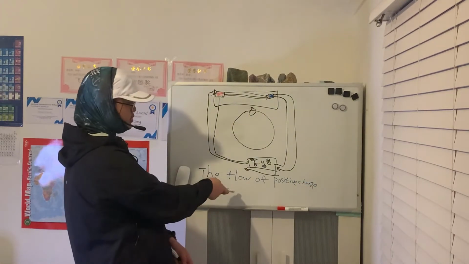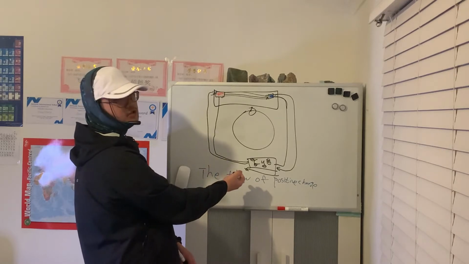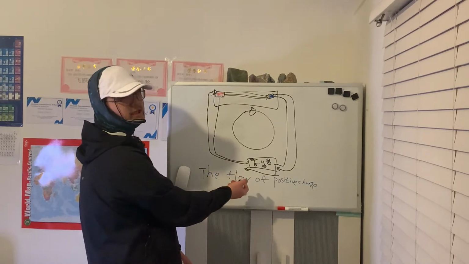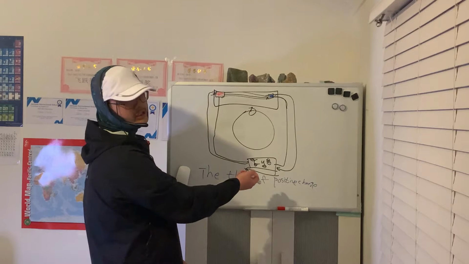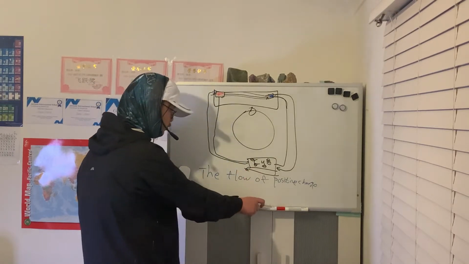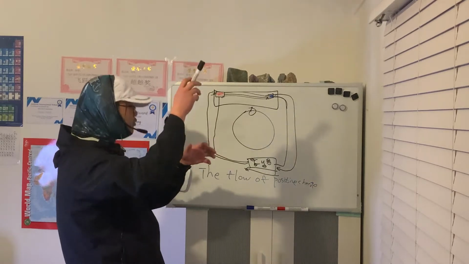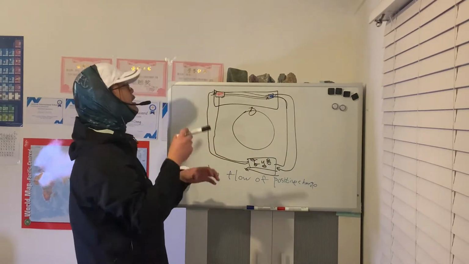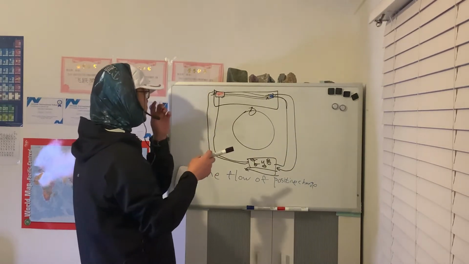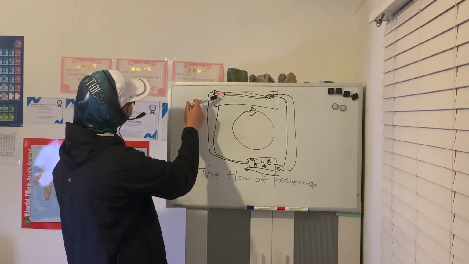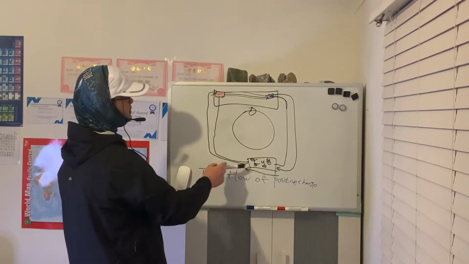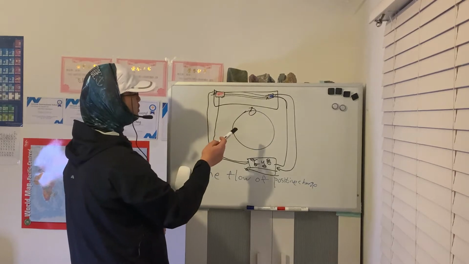This idea is from Benjamin Franklin. Yeah, the dude on the US note. That's him. So what he did is he flew a kite in thunder weather, and somehow he got this theory. He says electrons come out from the positive end and go to the negative end.